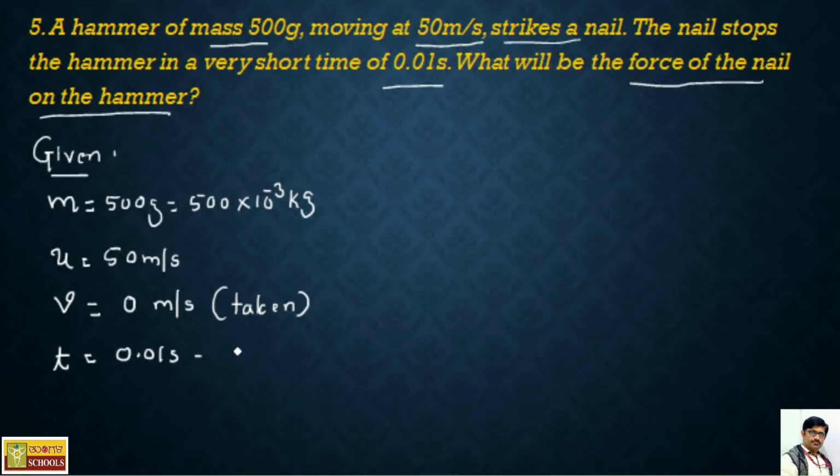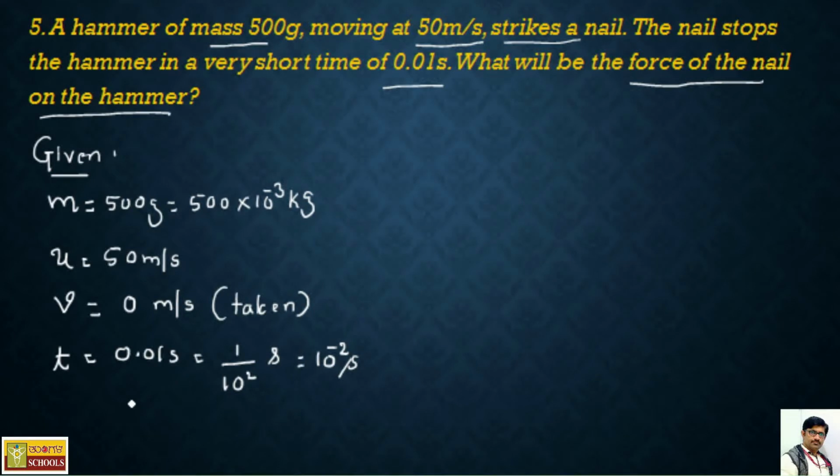It can be written as 10 to the power minus 2 second. So 0.01 second means it is 1 divided by 100 second. 1 divided by 100 means 1 divided by 10 to the power 2, which is equal to 10 to the power minus 2 second.